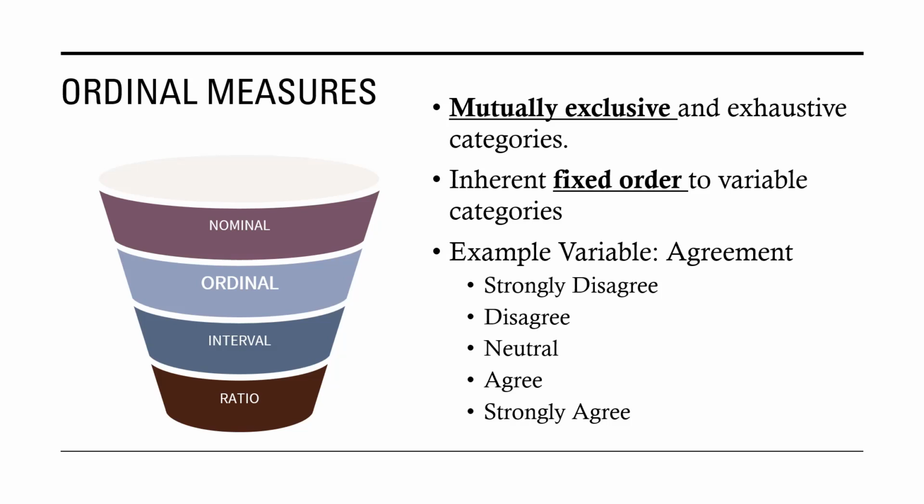Okay, so our response categories, or the different values that are associated with this, include strongly disagree, disagree, neutral, agree, and strongly agree. So yes, our mutually exclusive categories, but now those categories are in a fixed or a rank order. And that's what makes them ordinal level of measurement.